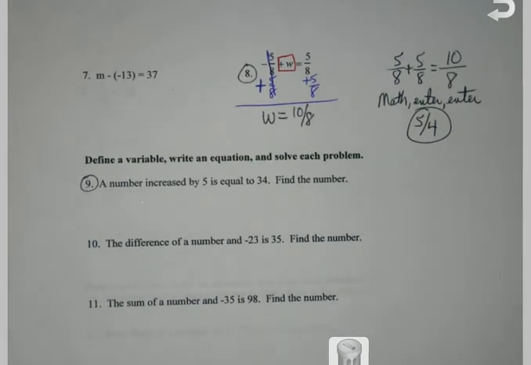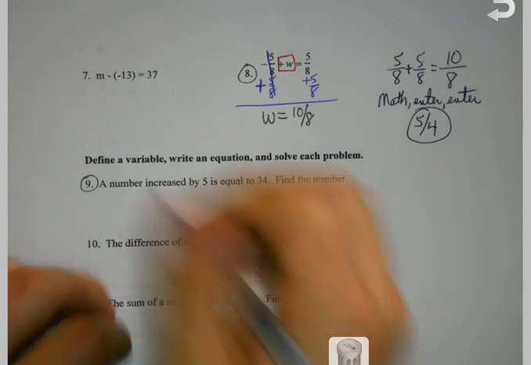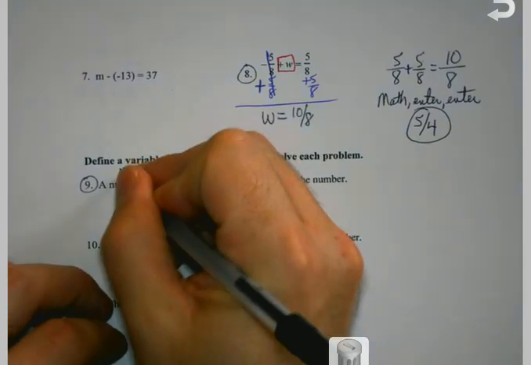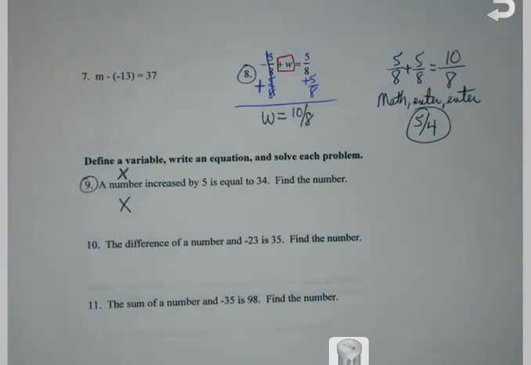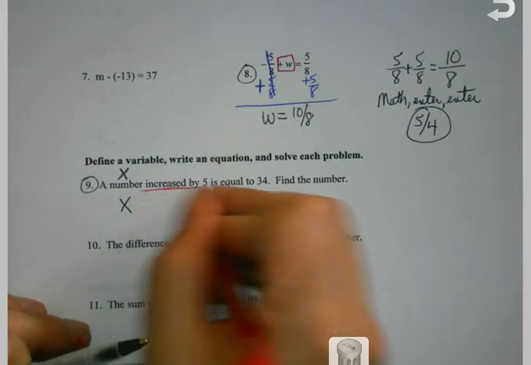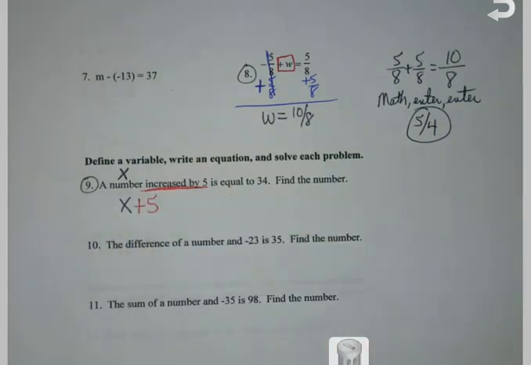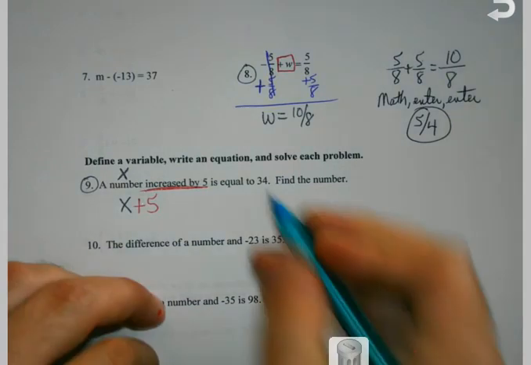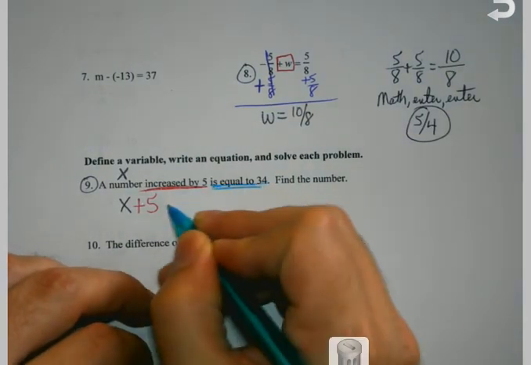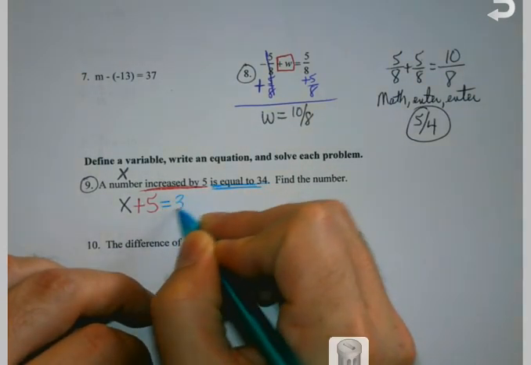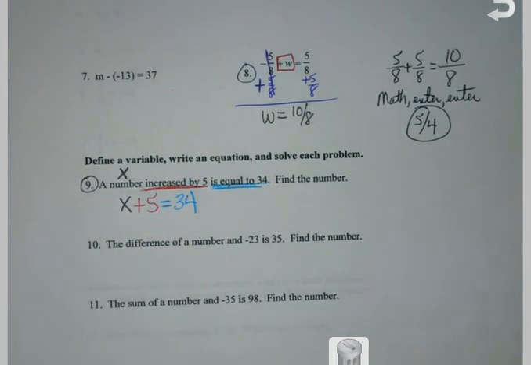Define a variable, write an equation, and solve. All right, we can do this. A number increased by 5. I'm just going to read it like I'd read a sentence. Is equal to 34. Find the number. Well, now we can.